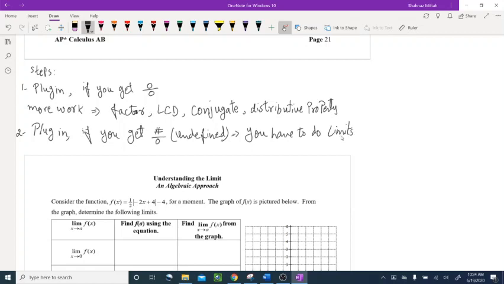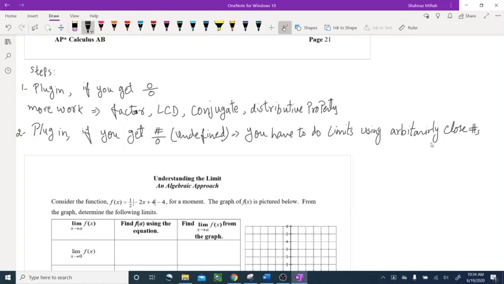If they are telling you to find the limit left and right, then you just follow the left and right. But if they don't say anything about left and right, it means we have to find both. So you have to do limits using arbitrarily close numbers. You can pick arbitrarily close numbers if they're asking left, and if they're asking right.